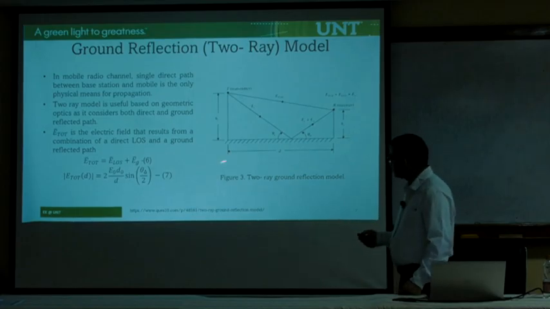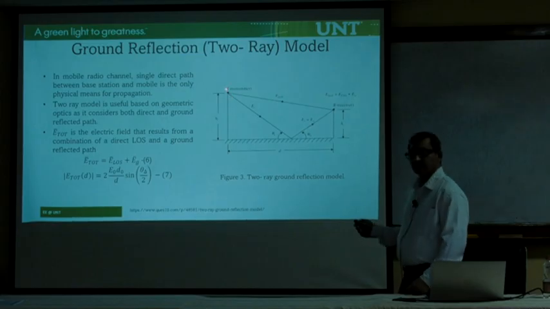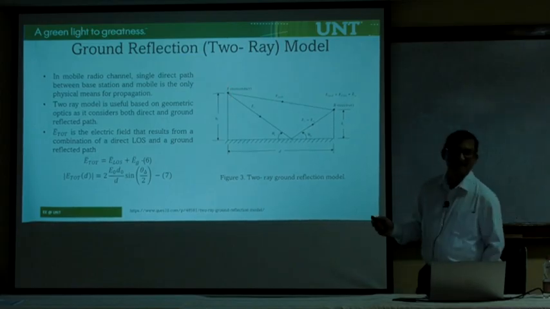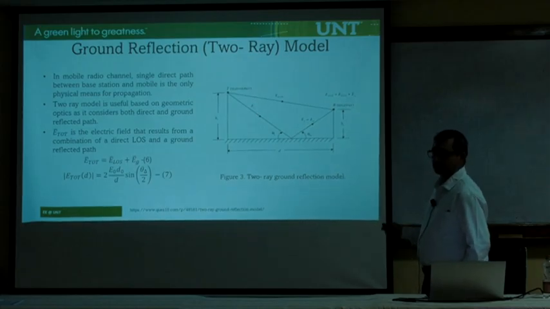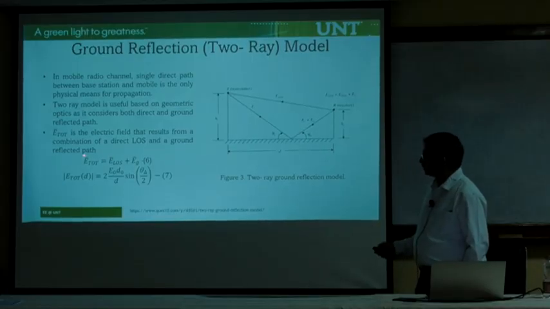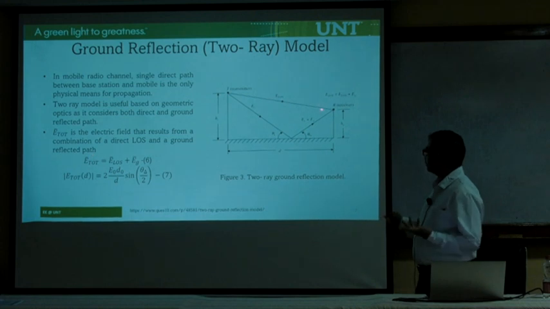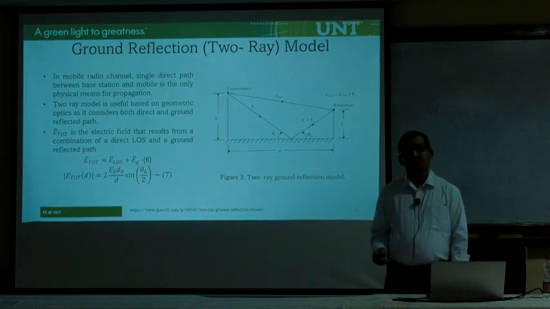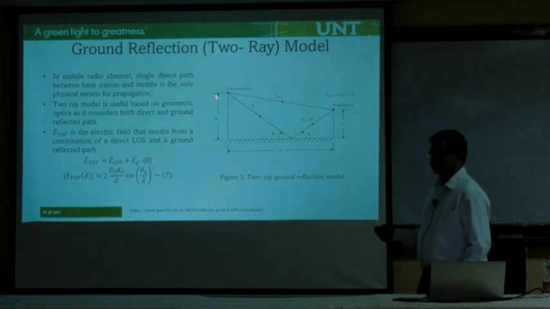So here, you're only showing two paths, and obviously you know that the line of sight is the shortest path, and then this path is reflected. So that's why it's longer. So in simple terms, for example, if you are computing the received power, then the received signal is coming through two paths.